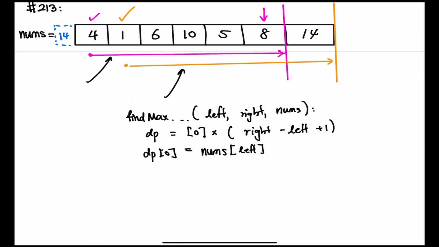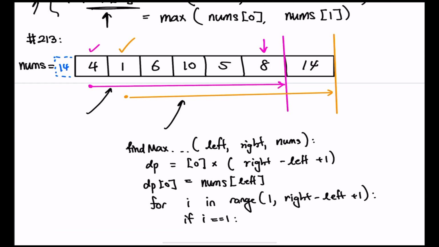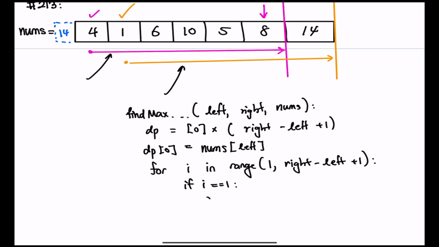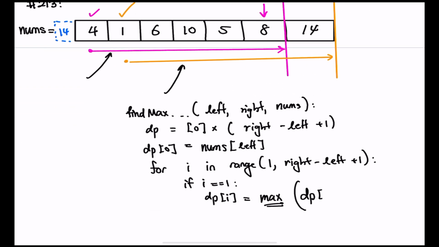So we have a for loop, so for I in range, we start from 1 all the way to right minus left plus 1, and we had that if I is equal to 1, that's for this guy. So if I is equal to 1, we have dp of I equals max, we take the maximum of dp of I minus 1 and nums of I plus left, and then we have continue.